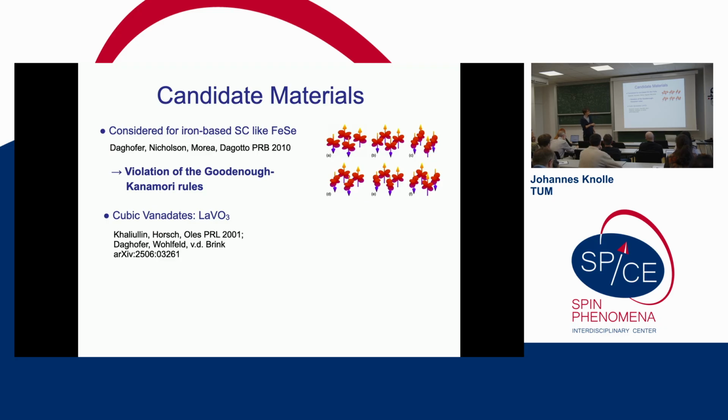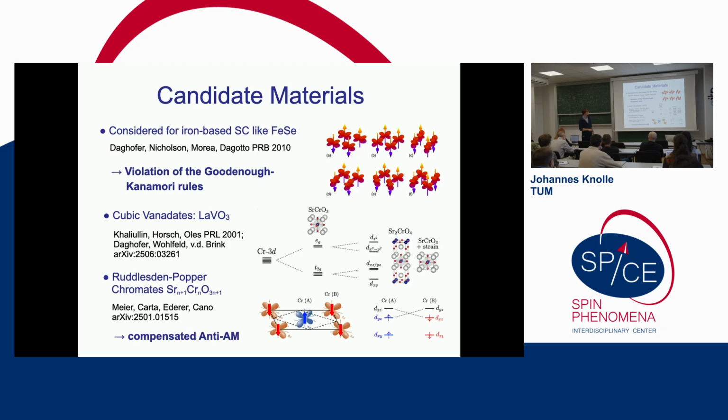And this was pointed out by Khaliullin, also by now a few years back. And in particular it has been revisited in a recent work by Jaron, where now the point is that if we just take the simple two orbital model, XZ and YZ orbitals, for realistic interactions, you might have seen that we wrote down an interaction that gives us the orbital ordering. But for a realistic interaction, you just don't get it.